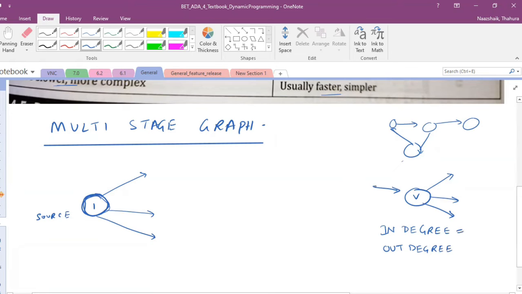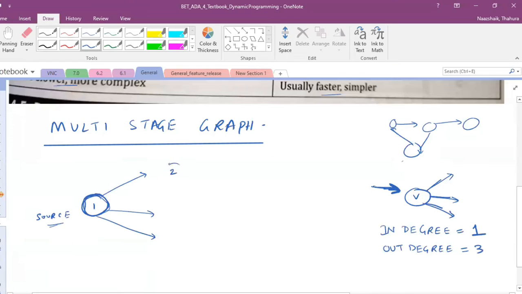In degree is the number of edges which are coming towards it. So here in degree is 1. Out degree is the number of edges which are going out of that vertex. So here out degree is 3. Okay. Now in a source, in degree is always 0. Out degree it may have 1 or 2 or 3 or however many, right? So such a vertex is called a source. So in a multi-stage graph, you will always have a source. Okay.